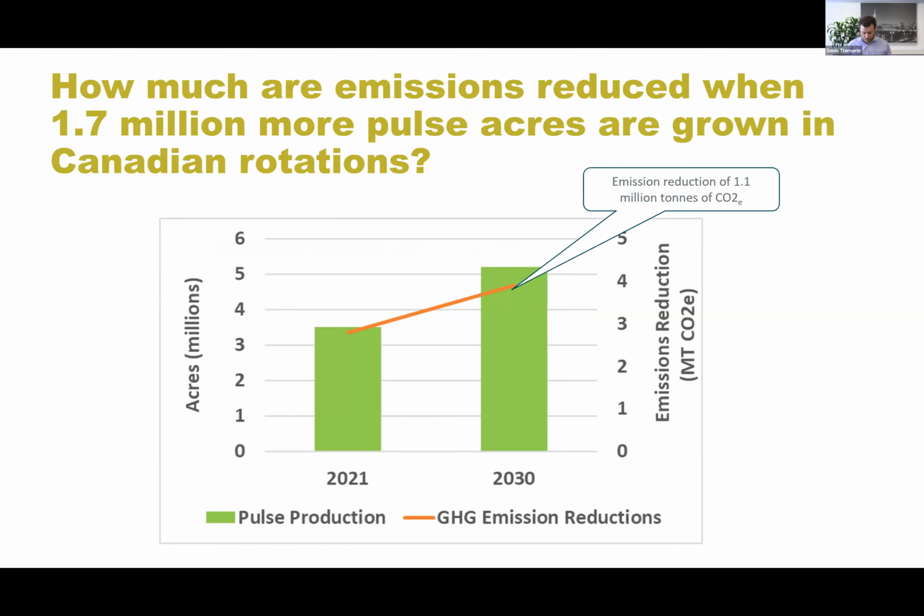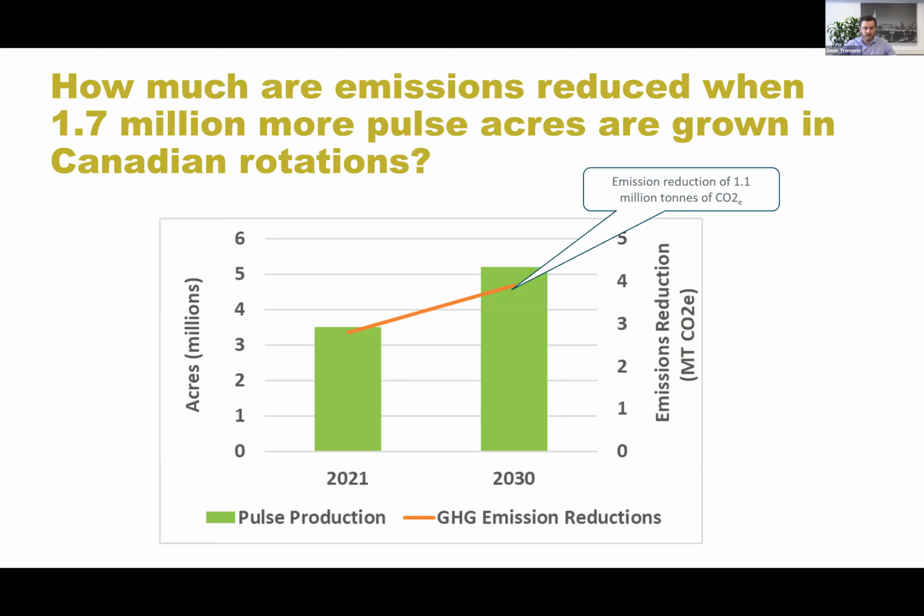So I think what we're trying to do here is show that pulses really have a role to play in reducing fertilizer requirements in cropping systems, and because of that, they really reduce the emissions that we have.